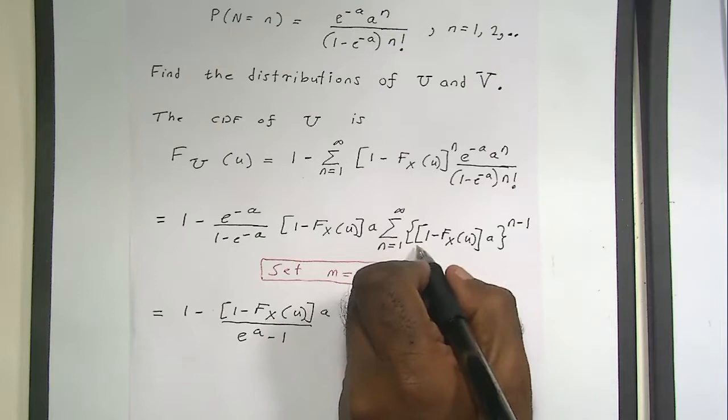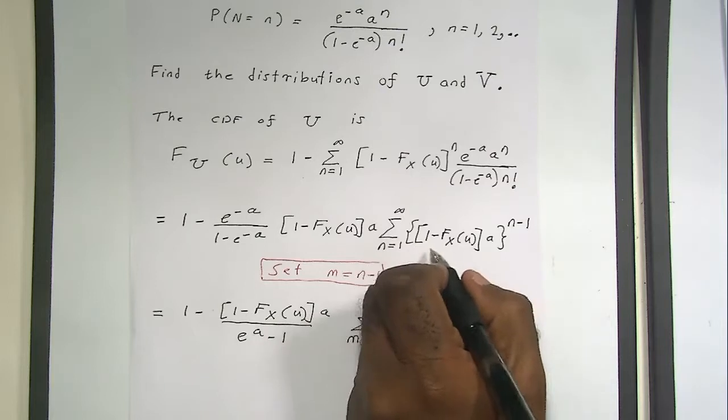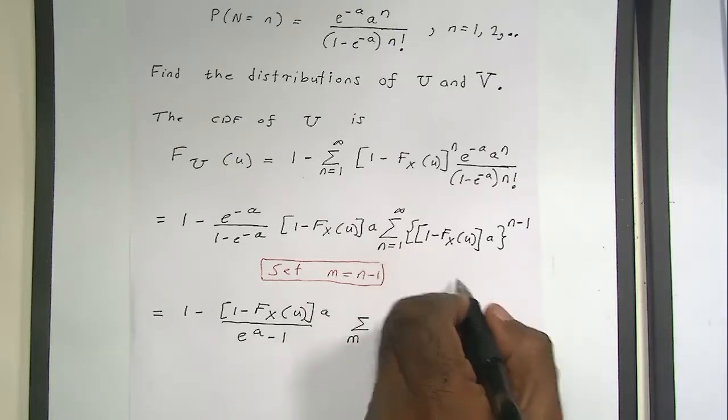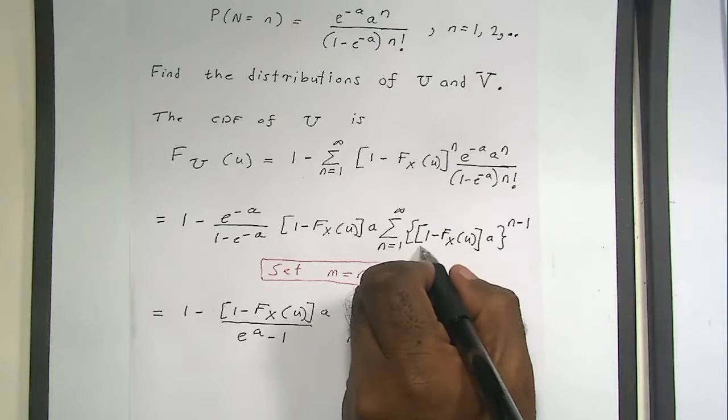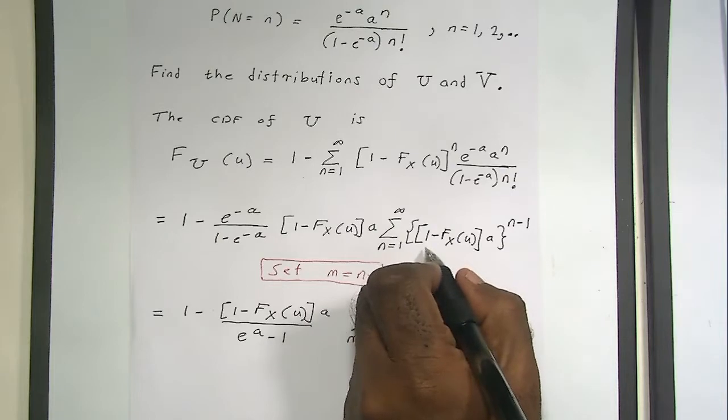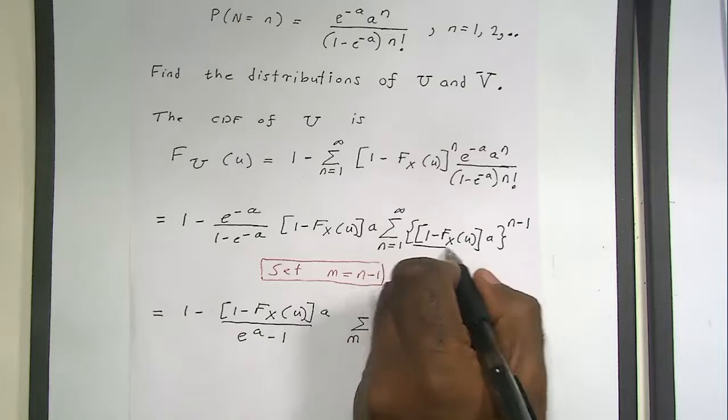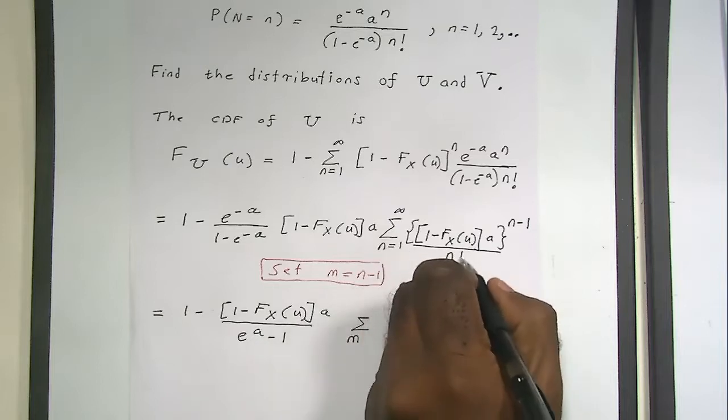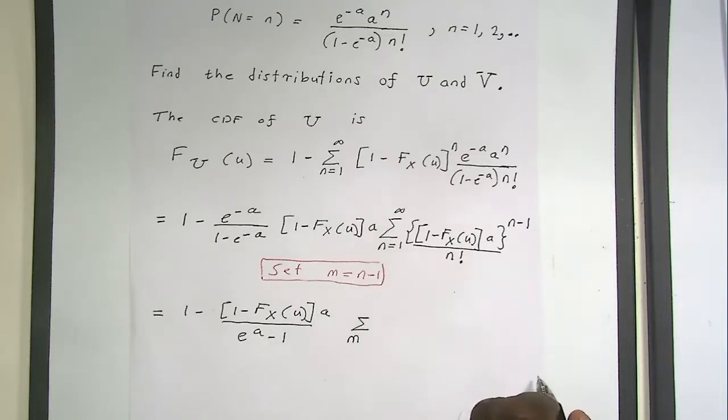Excuse me. Just a minute. There's an n factorial here I left out. There should be an n factorial here.